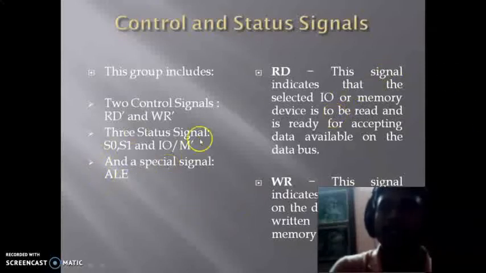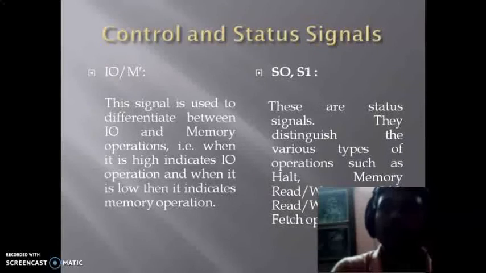Now read, write and ALE are the control signals, and these are very important because this group of signals controls the different operations of the microprocessor. Next, the IO/M bar signal I already described.